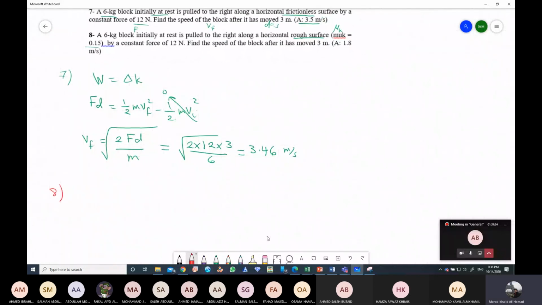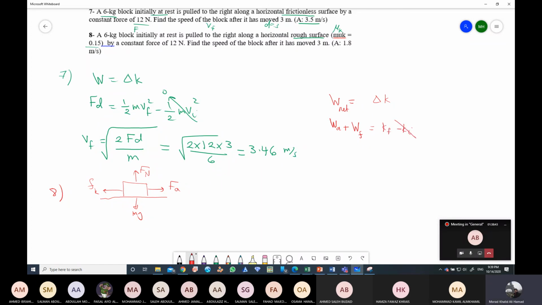Let's look at question 8. Now question 8 is the same question, except I have friction. So I say this is the body, and this is the force acting on it. I have mg downward. I have F normal. I have the applied force. I have the friction force. Right? So here, work is equal to delta K, which is actually work net. And this work net is equal to work due to applied force plus work due to friction, equal to K final minus K initial.